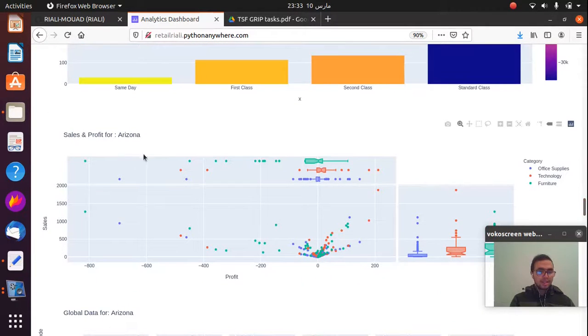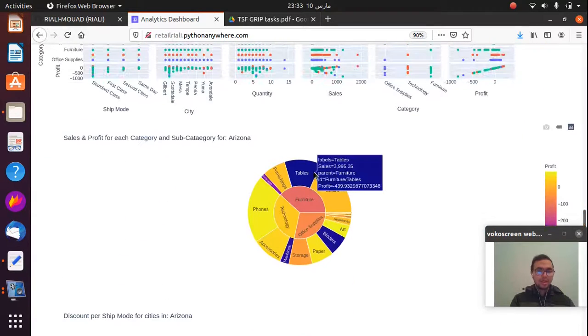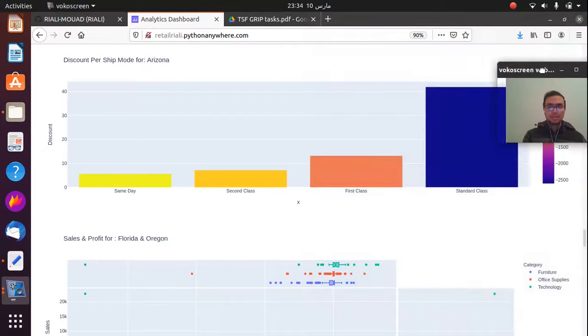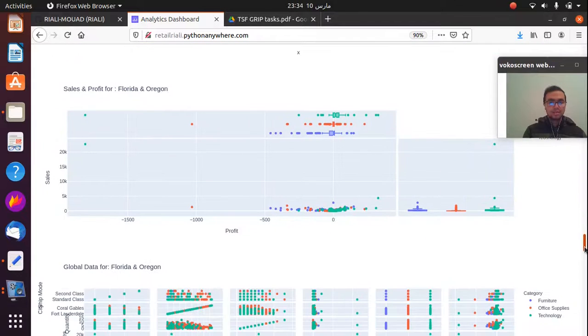Here we have profit and sales for Arizona. Same process, and we can notice that tables, binders, machines are still the most negatively profitable subcategories. Here the same plot.